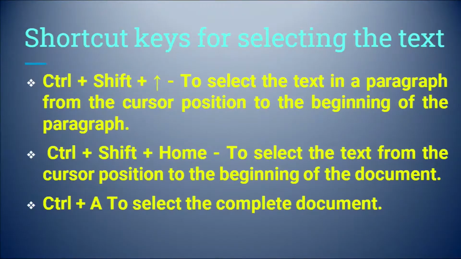Wherever the cursor is, the cursor position could be anywhere, we can move it to the place till where we want to select the text, and then from there if we want to select everything from the beginning of the document, not the line, not the paragraph, the complete document, then we will have to press Ctrl, Shift and Home. All of these three keys have to be pressed in order to select the content.